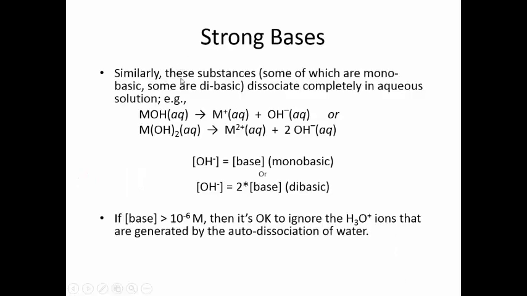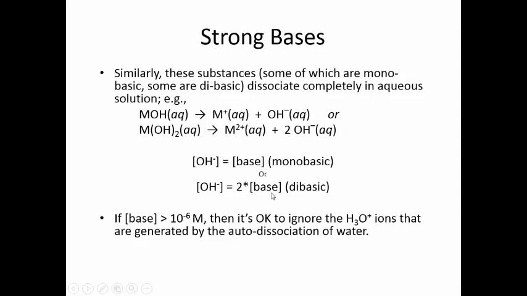So strong bases. Okay, again, they react completely. So the concentration of hydroxide is just equal to the initial concentration of base, if that base is monobasic, like the hydroxide salts of the alkali metals.